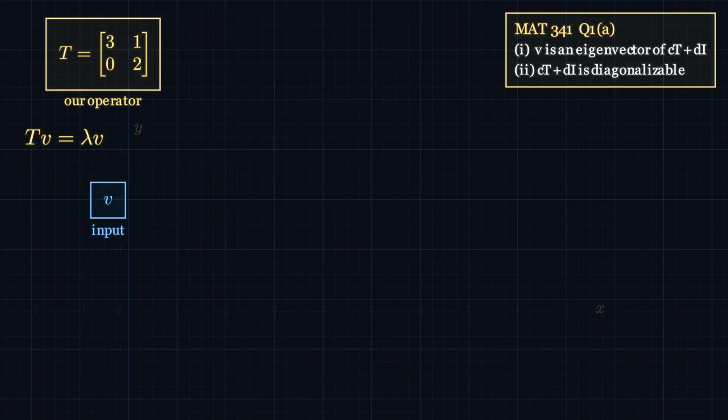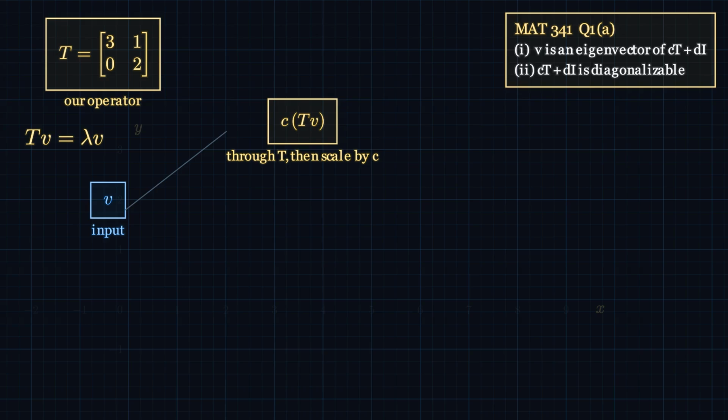Tool 2. Building a new operator from an old one. And this is the exact object the question is about. Write its meaning down. Take our operator T, a number c, and a number d. The new operator, written cT plus dI, acts on an arrow v in 3 steps. Step 1.